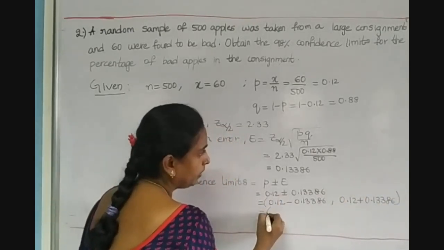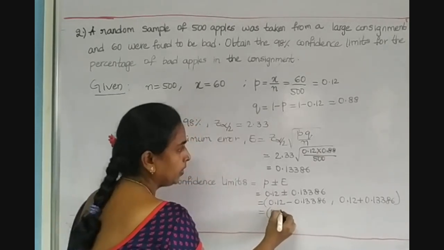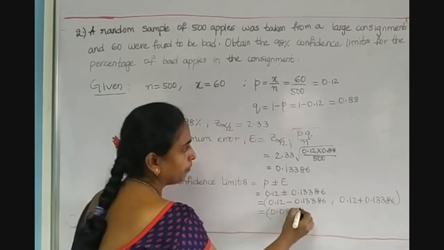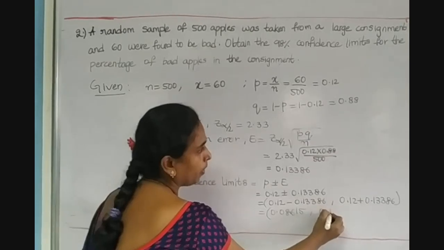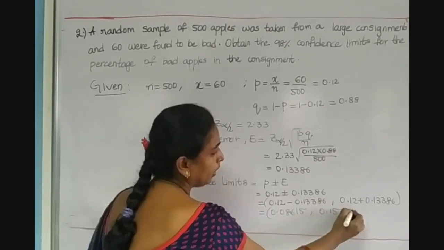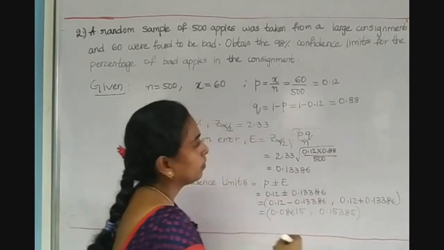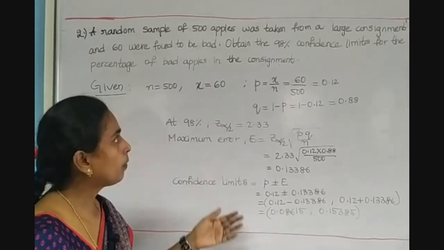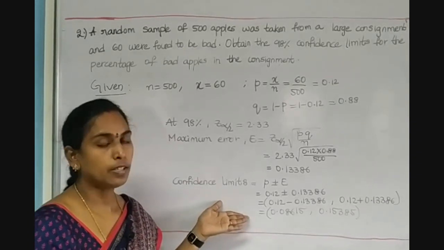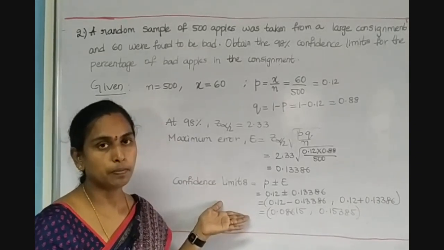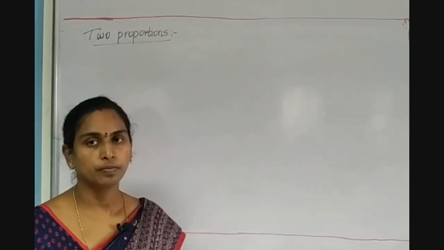That means we get 0.08615 comma 0.15385. Okay, so these are the required 98% confidence limits for bad apples.